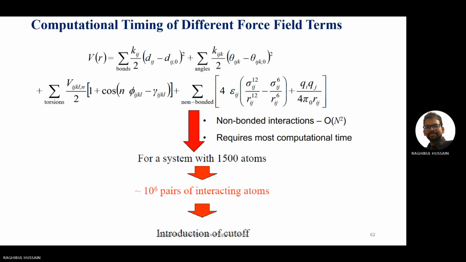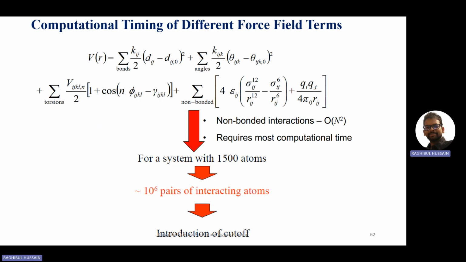Okay, so now let's see how much time is required. This is one simple idea: for 1500 atoms, there are about 10⁶ pairs of interacting atoms. Non-bonded interactions are of order n squared, that means 1500 times 1500.